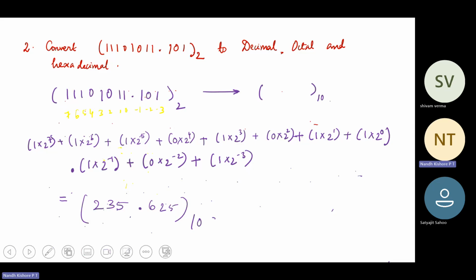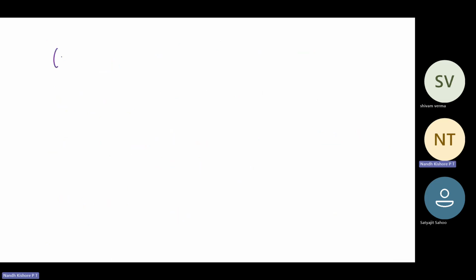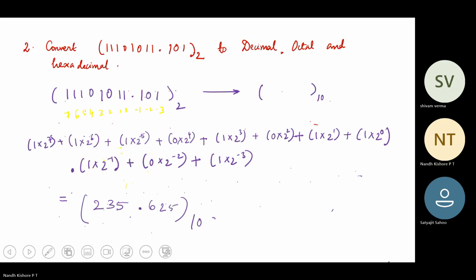Then you have to convert it into octal. Okay, so let's write down the same number once again. So you have 11101011.101.